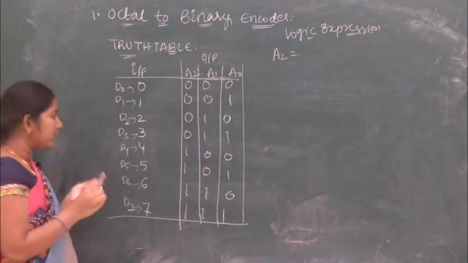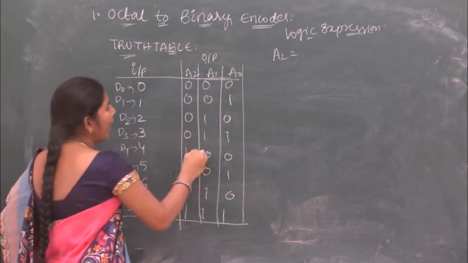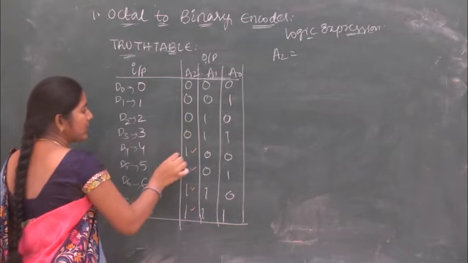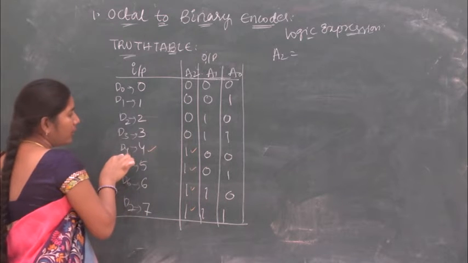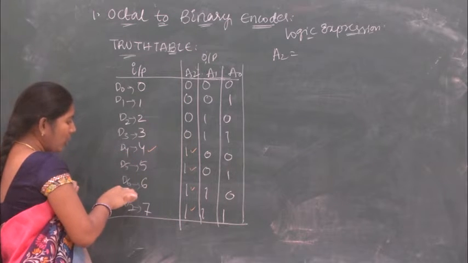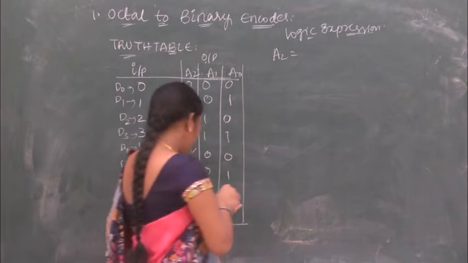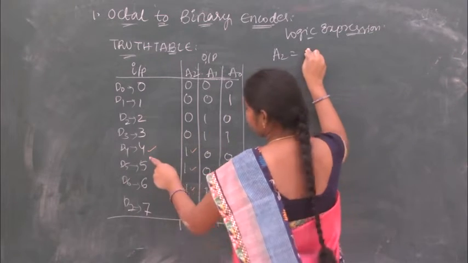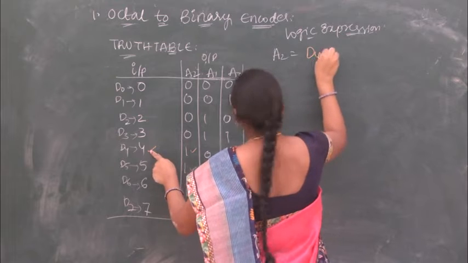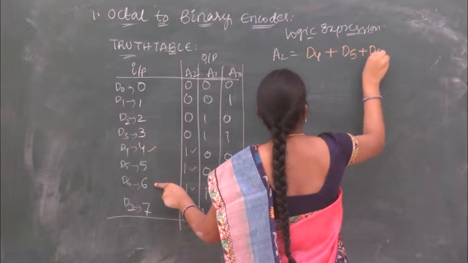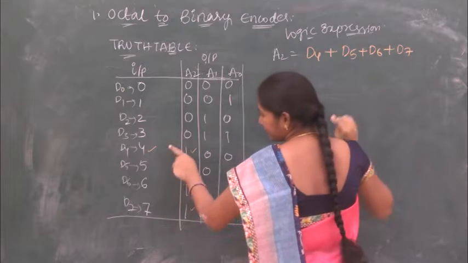We need to consider only when the output values are high. For A2, output is high only for D4 or D5 or D6 or D7 values. So A2 I can write as D4 or D5 or D6 or D7.